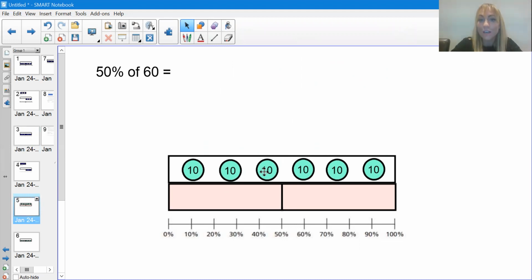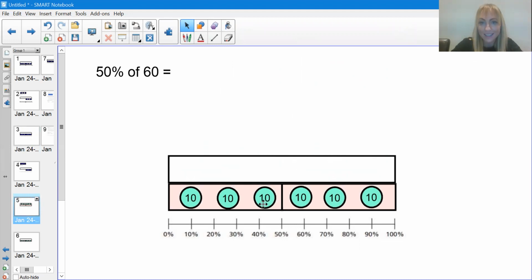But if I want to find 50%, I'm now looking at what's in one of these parts of my bar model, because as you can see, I've split my bar model into 2 equal sections.